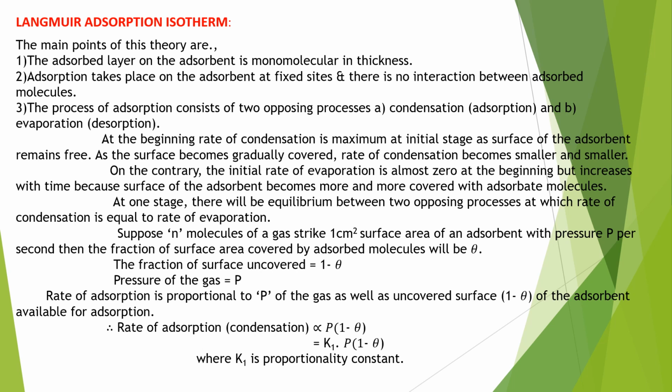If we remove the proportionality, we should take a constant, so I have taken K1 as the proportionality constant. So the rate of adsorption or condensation is equal to K1 into P into 1 minus theta. Again, K1 is the proportionality constant, P is the pressure, and 1 minus theta is the fraction which remains uncovered for further adsorption.